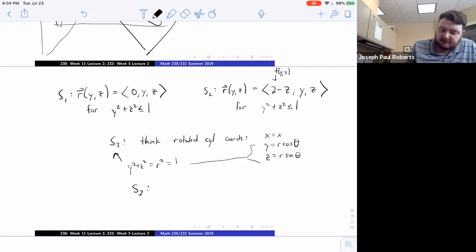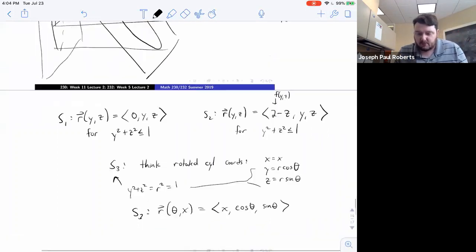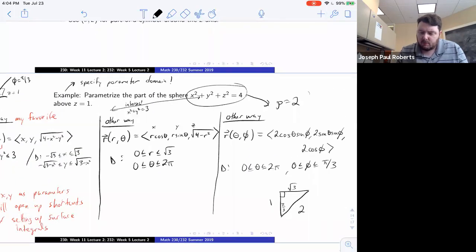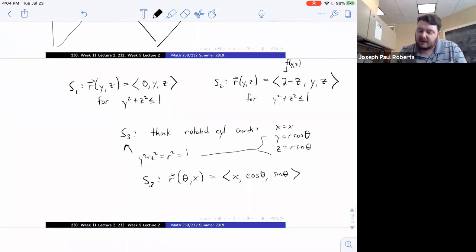So basically for S3, if r is frozen at 1, my parameters are theta and x. x is just x, then y would be 1 times cosine theta, and z would be 1 times sine theta. It's like what I did before, thinking about the cylindrical equations but substituting in r is 1.